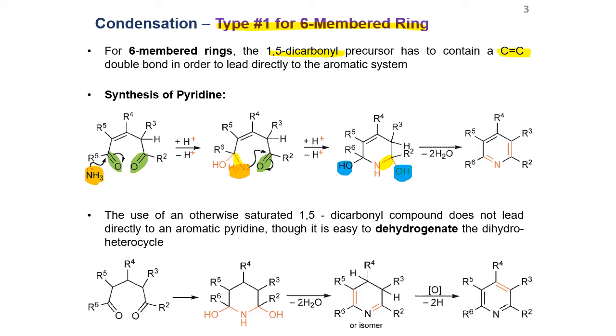So you can remove 2 molecules of water if you follow the general mechanisms to form 2 double bonds here. So if your molecule already starts with 1 double bond, now you have a 6-membered ring that has 3 double bonds, which is aromatic, and you are forming an aromatic system which is a pyridine.